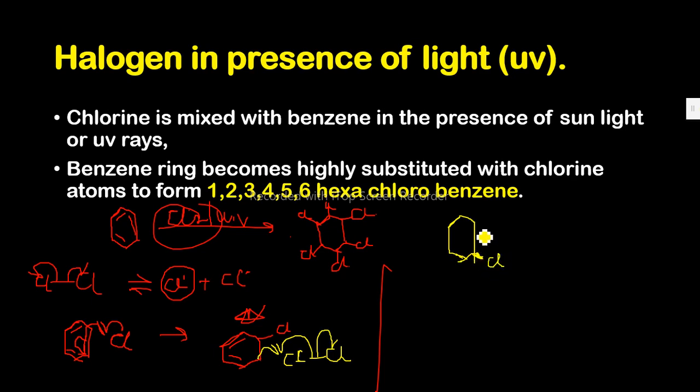So you have the Cl here, and then another Cl here, and then a double bond and another bond. Then the same reaction proceeds here and you add the Cl here until you have substituted and you form this as your final product.